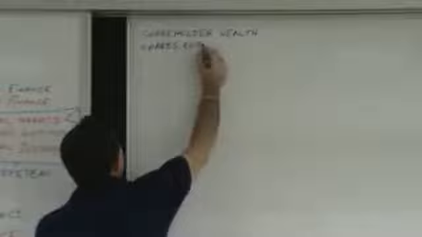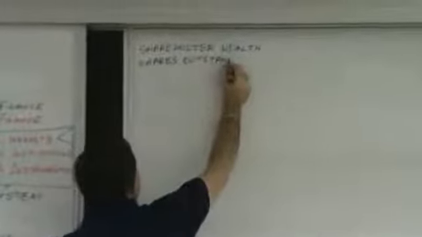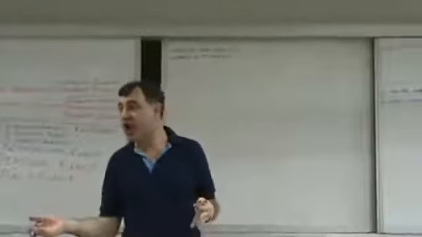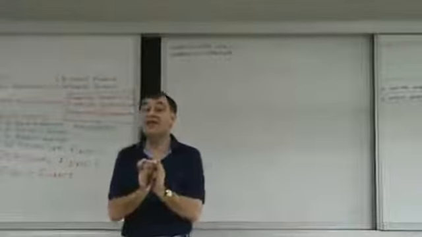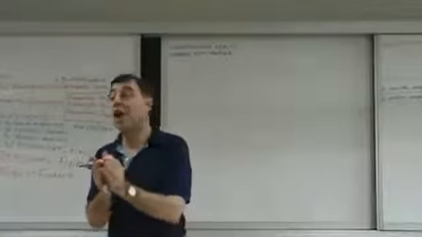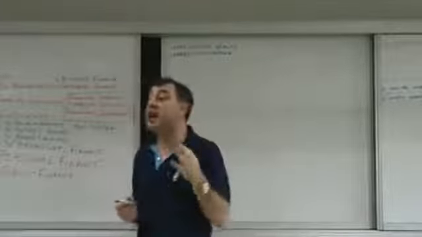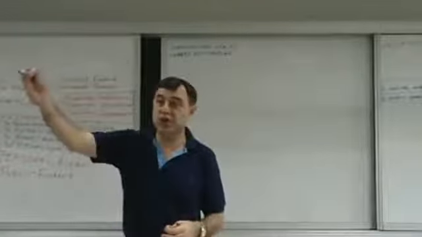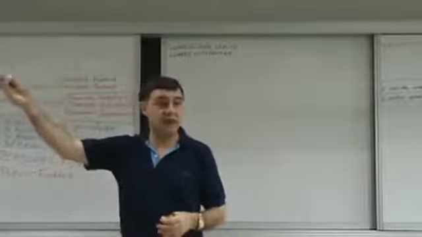Next one is shares outstanding. A corporation issues shares. A share represents a part ownership. Shares outstanding is the number of shares which are sold to the public and owned by the public. That's it.